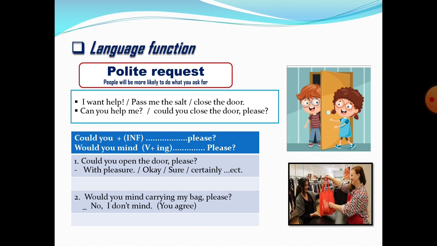Would you mind carrying? The answer, no, I don't mind. When I say I don't mind, that means what? I agree. When I say I don't mind, that means you agree.